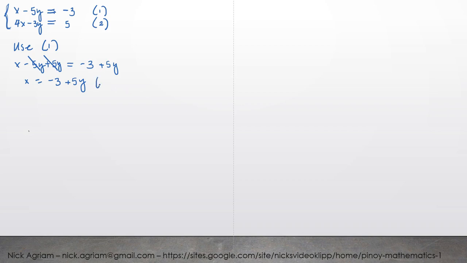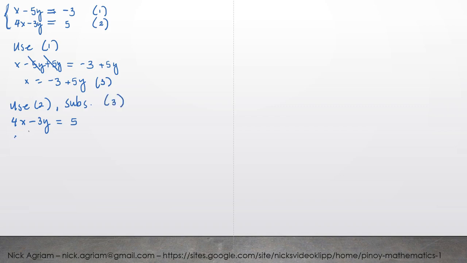Then I am going to name this number 3. We use 1. We cannot use that again, so we need to use number 2. We are forced to choose number 2, for x minus 3y is equal to 5. Then we substitute 3.